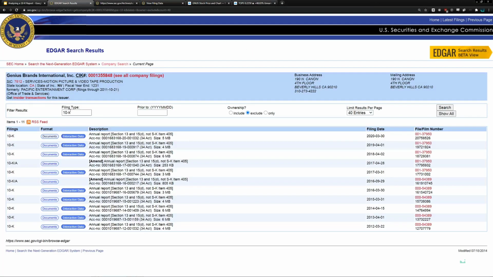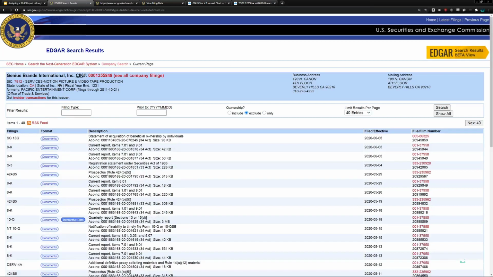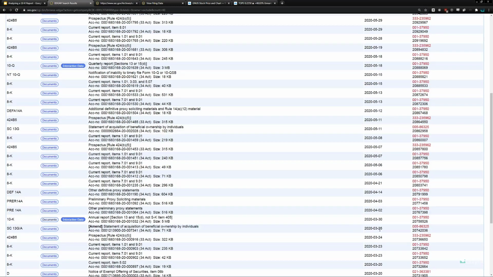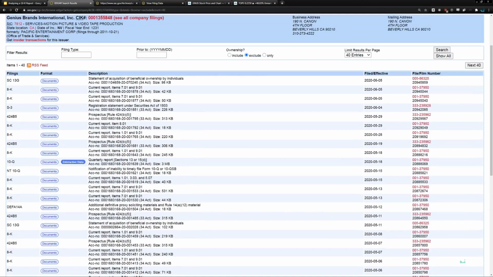Now, it's worth noting that this was filed in March, so some of the information I've dug up is going to be out of date, because they filed their quarterly report in mid to late May. They've also got a bunch of these 8K reports, which are just current material events. There has been a lot of news recently. They've done another registration statement, so they've sold some more shares or set up to sell some more shares.